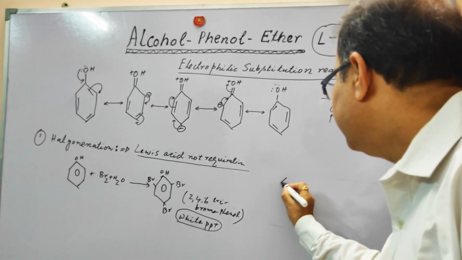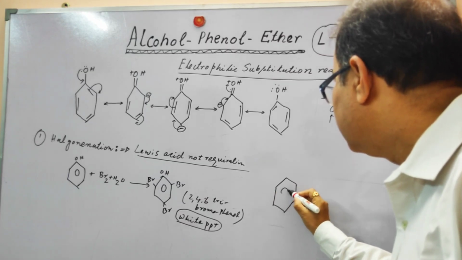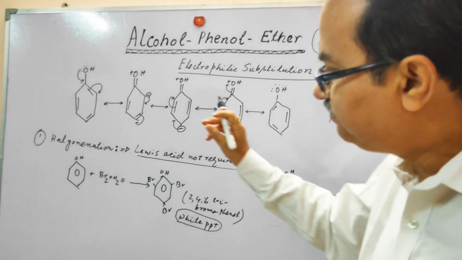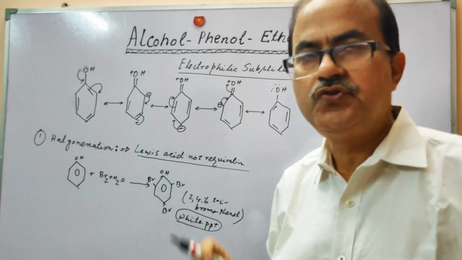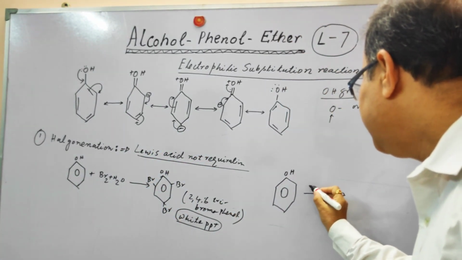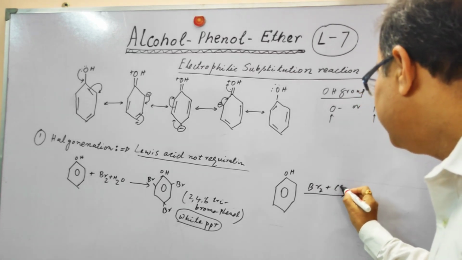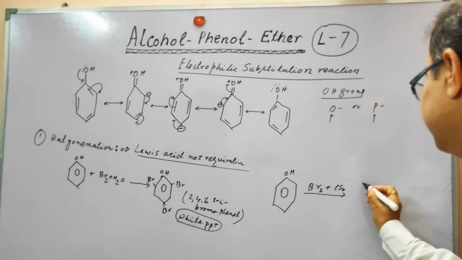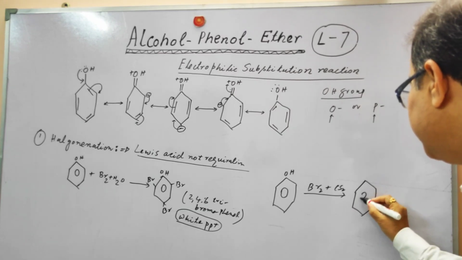And another reaction is when we change the solvent. Here the solvent, water, is highly polar. If we change the solvent, what is going to happen? Let us understand. When carbon disulfide is the solvent, the product will be different.